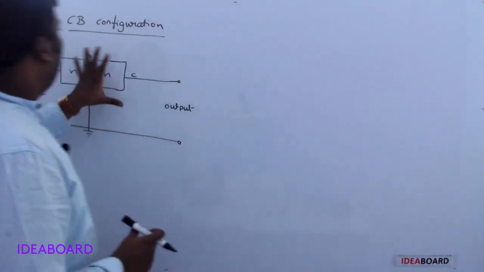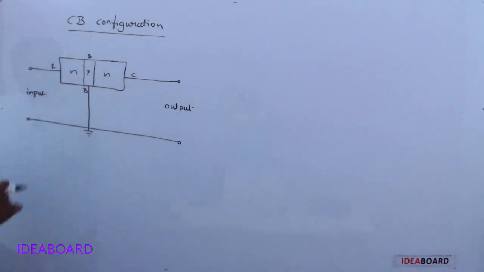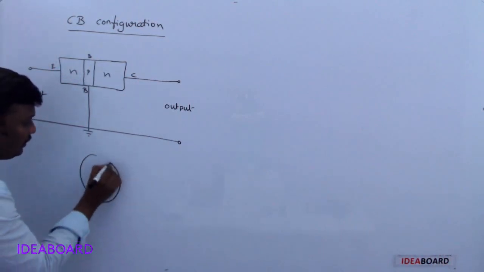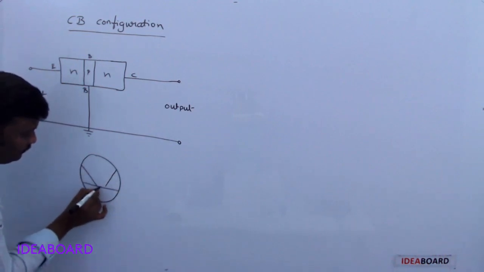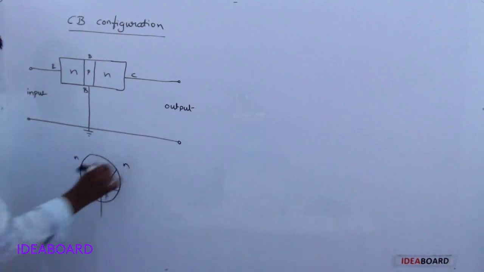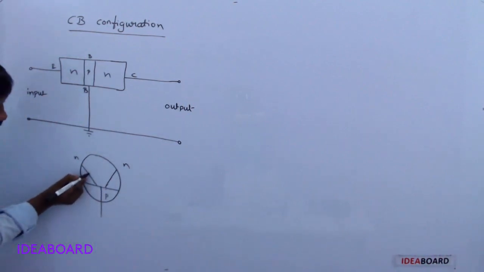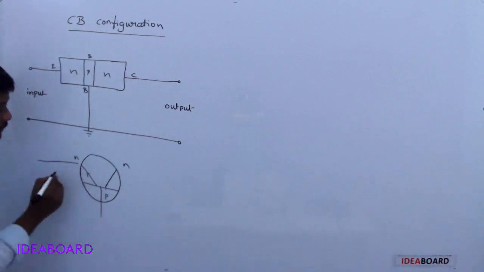Let us see this common base configuration in terms of the circuit symbol of the NPN transistor. We know the circuit symbol for the NPN transistor is like this. Yesterday we mentioned that there is always one arrowhead present at the emitter, and its direction is from P to N. So this is the emitter.